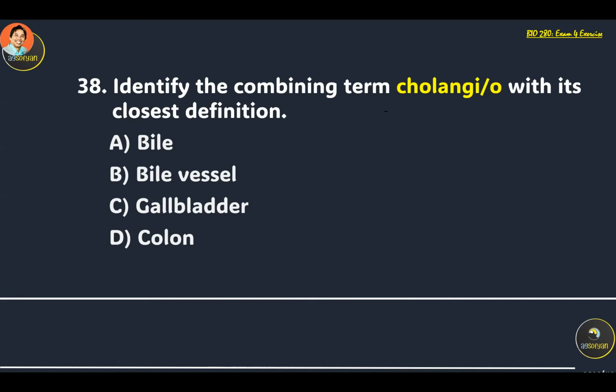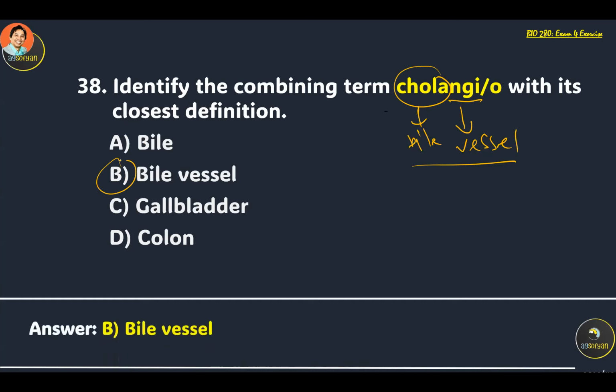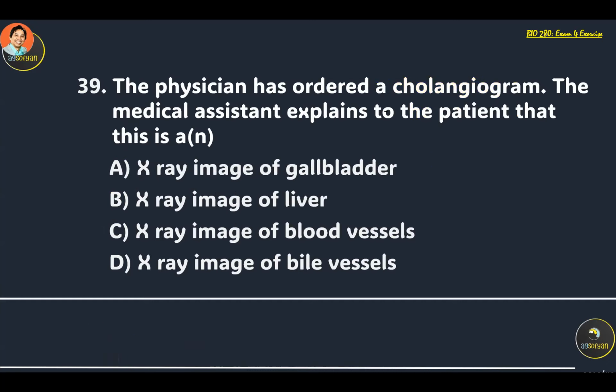Identify the combining term of cholangio. Okay, you have bile over here, and then you have angio meaning vessel. Combine those words, it's going to be the bile vessel. The physician has ordered a cholangiogram.